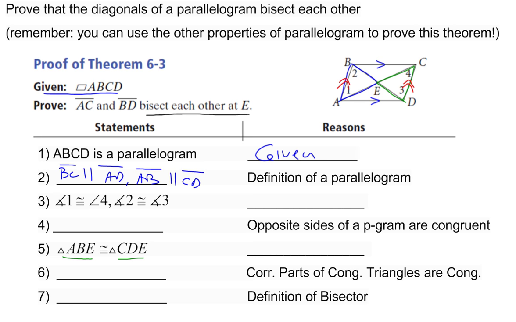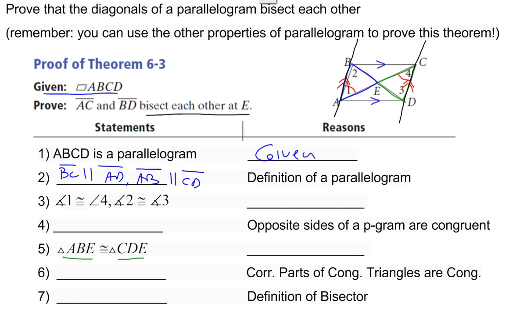Okay, well, next they're telling us that angle 1 is congruent to angle 4 and angle 2 is congruent to angle 3. So in other words, angle 1, which is right here, is congruent to angle 4. Why is that? Well, if I have 2 parallel lines that are cut by a transversal, that means their alternate interior angles are congruent. Remember, these are my 2 parallel lines. It's a parallelogram, so the opposite sides have to be parallel.